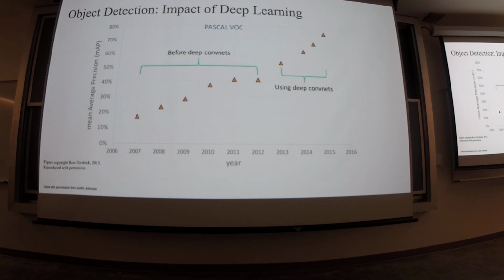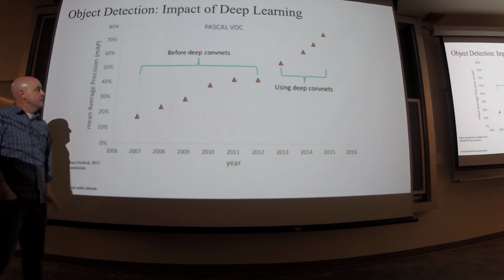So how has using these deep convolutional networks impacted the task of object detection? This is similar to what we saw for the ImageNet classification task.